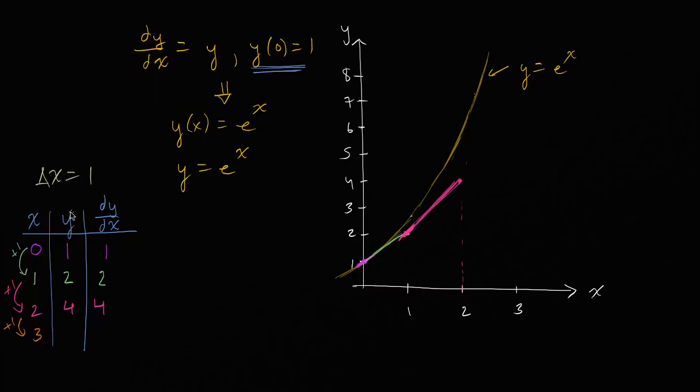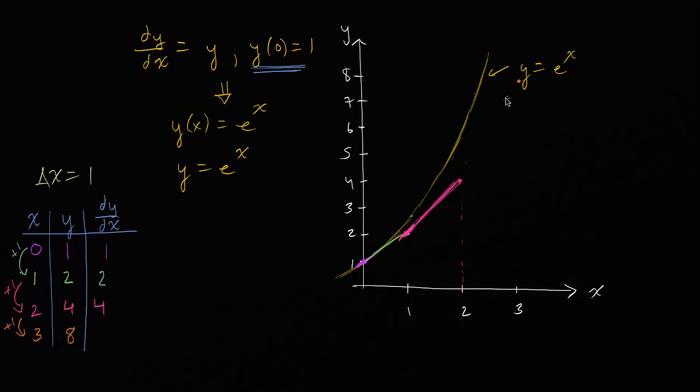And you could guess which one's going to give you a more accurate result. But if we step up by 1 now, and our slope is 4, if we increased x by 1, we're going to increase y by 4. So we are going to get to 8. And so we are at the point 3, 8, which is right over here.